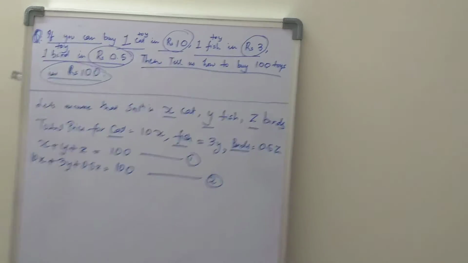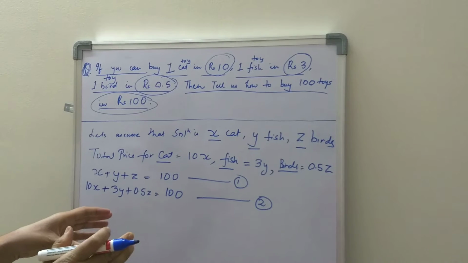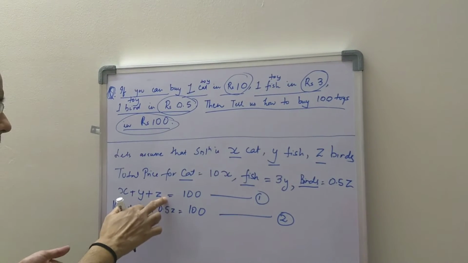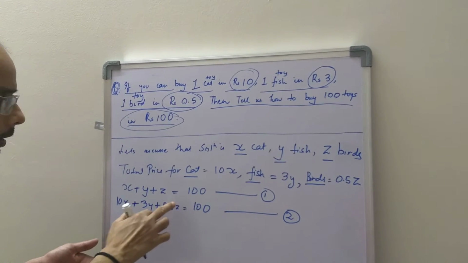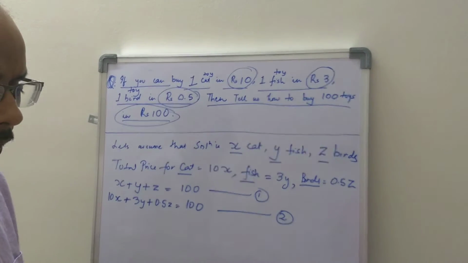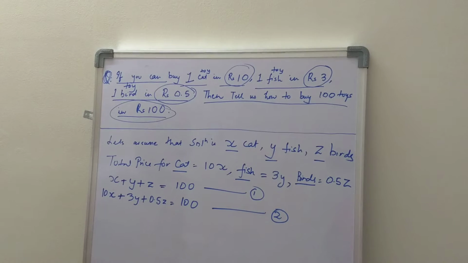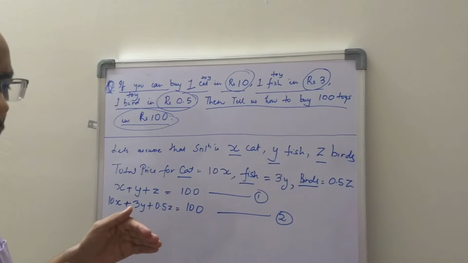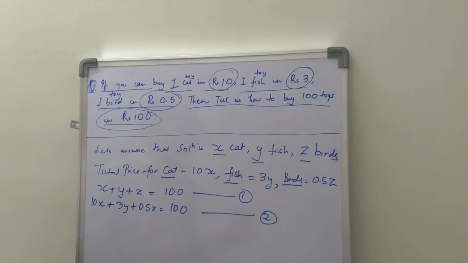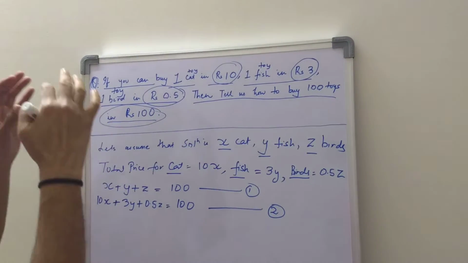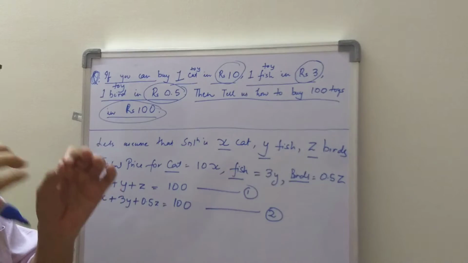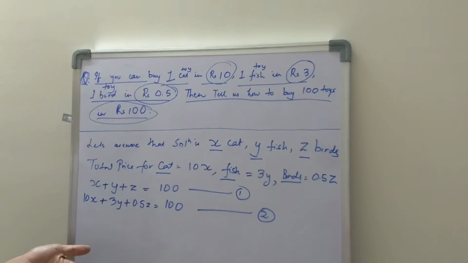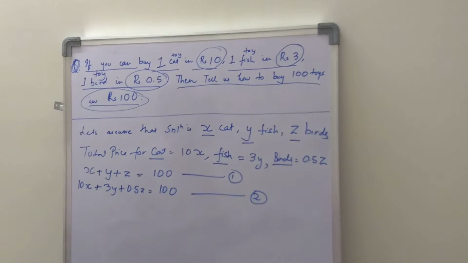Now anyone looking at this will think, hey, we have three unknowns x, y, z, but only two equations. From simple maths we know that the number of equations should equal the number of unknowns. But here we have fewer equations and more unknowns.